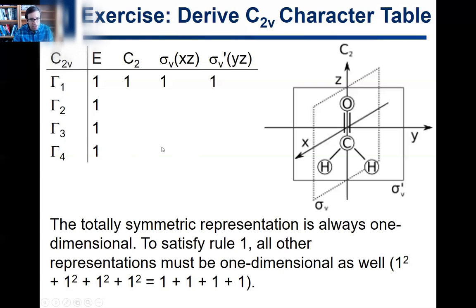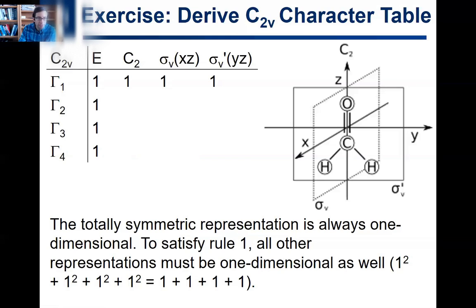The next thing is to use rule number 1. Rule number 1 stated that the sum of the squares of the dimensionalities, the first column, has to equal the order, the number of symmetry elements. We have 4 symmetry elements, 1 plus 1 plus 1 plus 1, that's our order. So this value squared plus this value squared plus this value squared plus this value squared has to equal 4, and the only way to do that is for all the values to be 1.